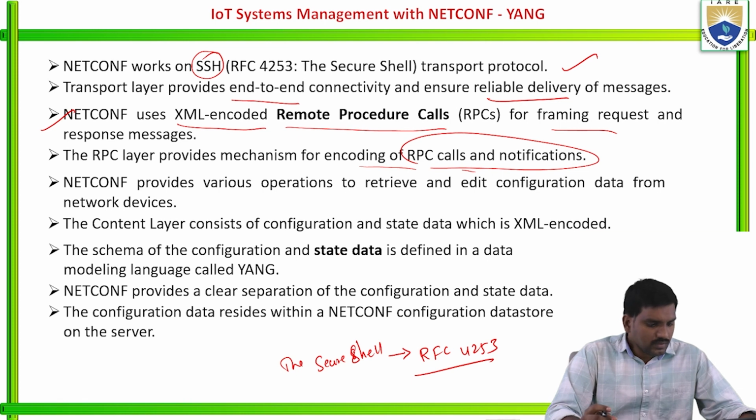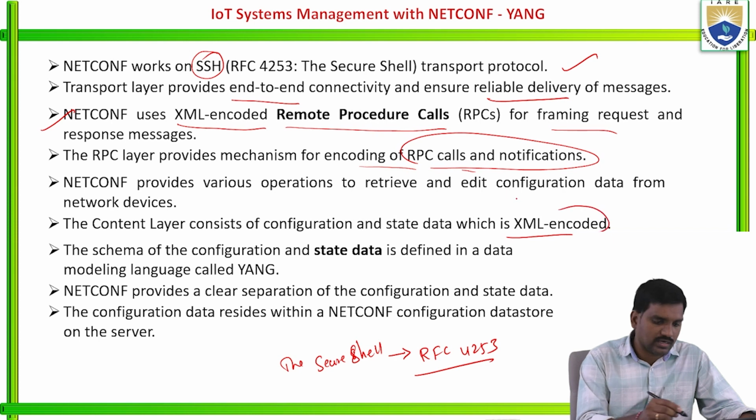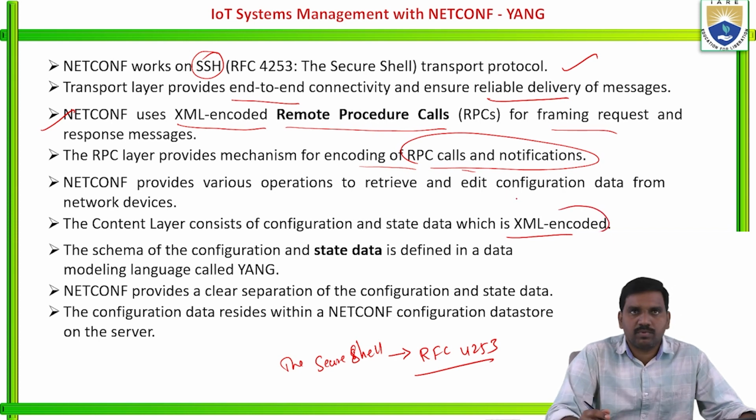Next, network configuration provides various operations to retrieve and edit configuration data from the network devices. We discussed this in the last slide. Next, the content layer consists of configuration and state data, which is XML encoded, as we mentioned in the third point already.